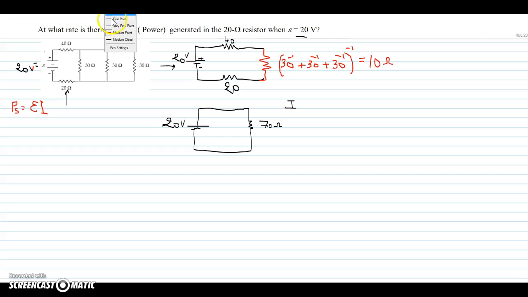Now, I can also evaluate the power dissipated. The power produced by the source will be consumed and converted into heat. Heat is energy per time, the rate, which is power. The power across R can be evaluated in three ways. One is the voltage across R times I. Or, if you know the resistance, R times I squared.